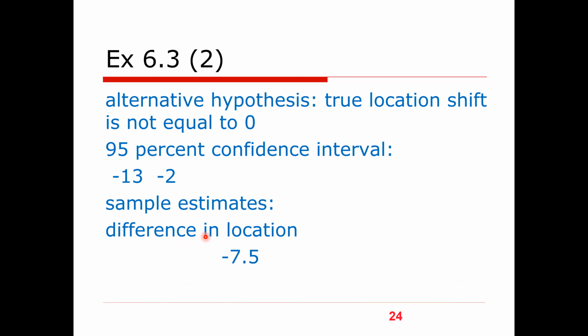And it also gives us the estimate of the difference in location. This is the estimate of Dij, right? It's -7.5, which means the Model A, Type A calculator on average saves students 7.5 minutes to finish all the problems in that specific set.